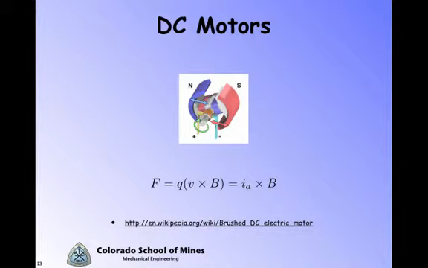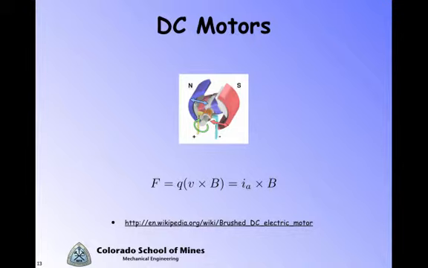So in the picture that you see on this slide, there are the pieces of a motor. There's the rotor, that is the part that rotates, and there you see the curled arrow to indicate that. In this case, the rotor and the armature are the same.